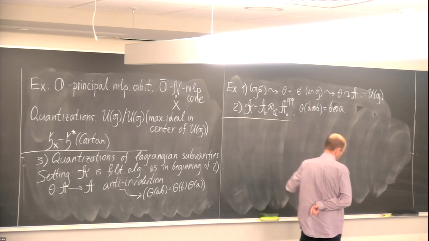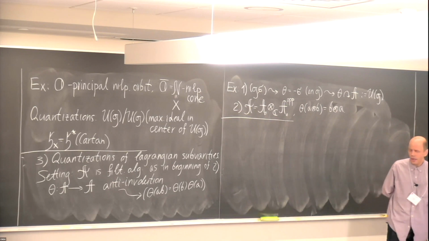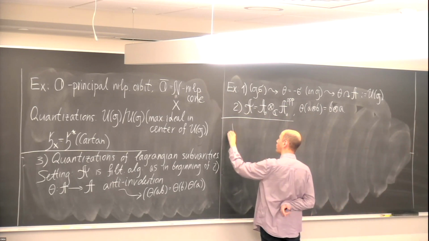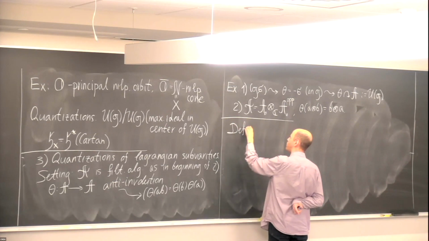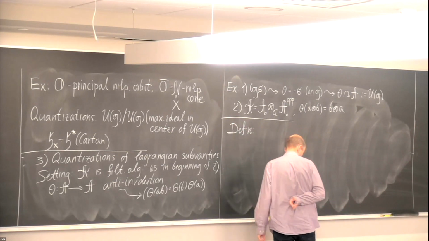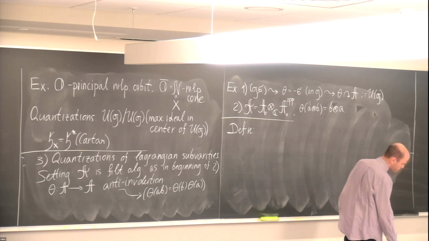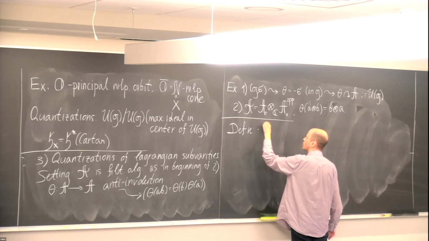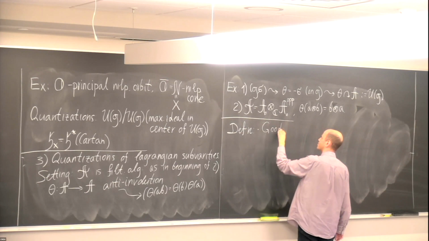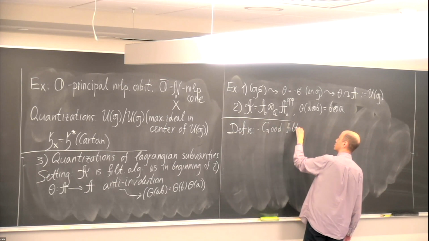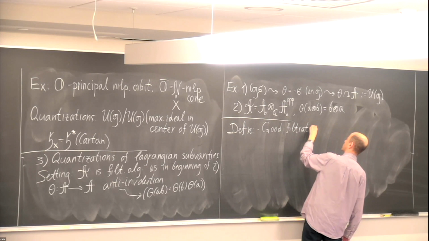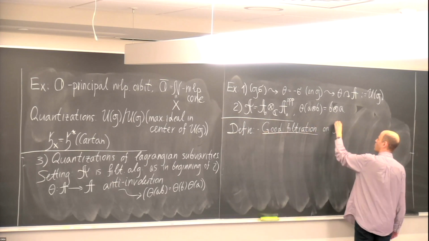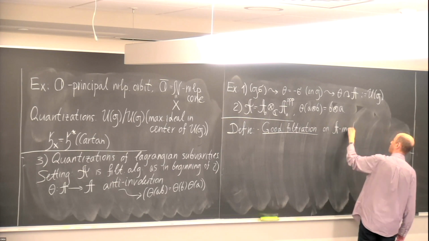So now, in this setting, I can define the notion of a Harish-Chandra module. Let me do it in several parts. First, let me define the notion of a good filtration on some A-module, which I call M.